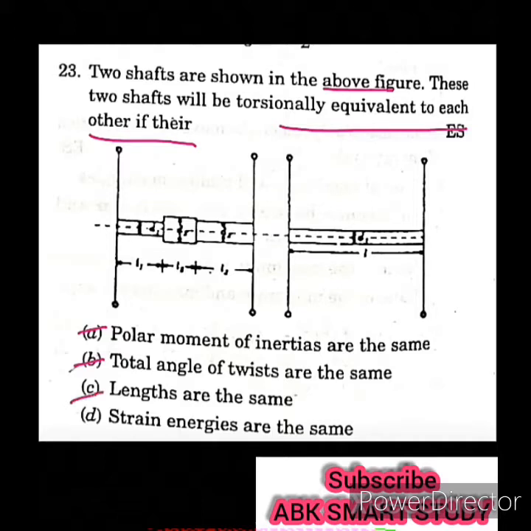And option D, strain energies are the same. So here two shafts are shown in the figure. The two shafts will be torsionally equivalent to each other if their total angles of twist are the same. So option B is the correct answer. Next question.